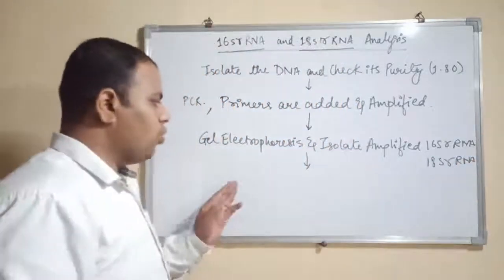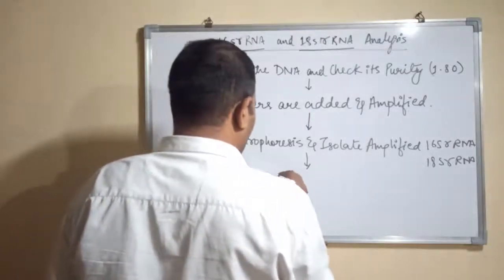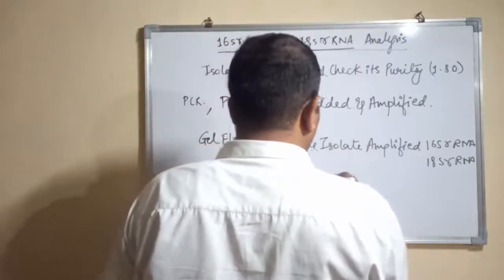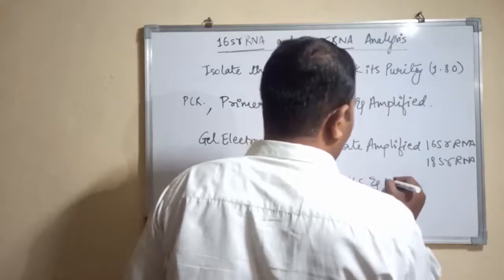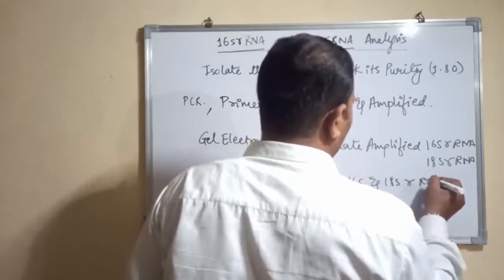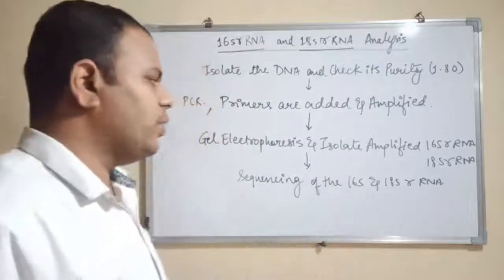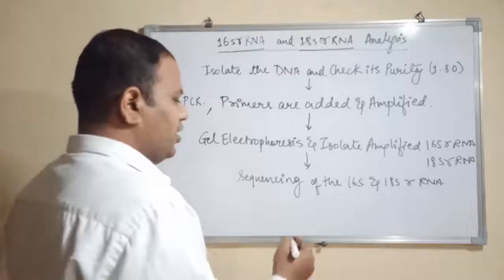Now you are going for sequencing of the 16S and 18S rRNA. We know that the 16S and 18S rRNA sequences are not very large, so they can be easily sequenced.